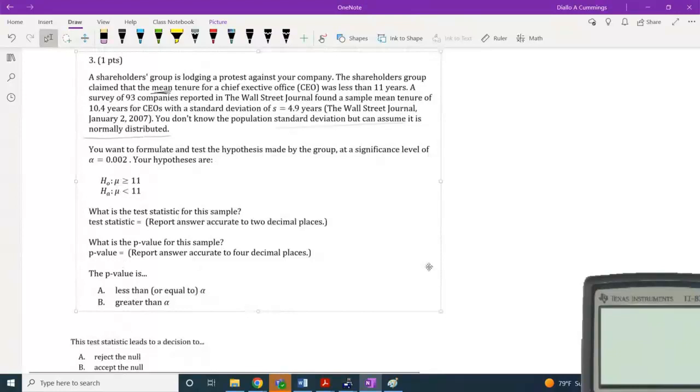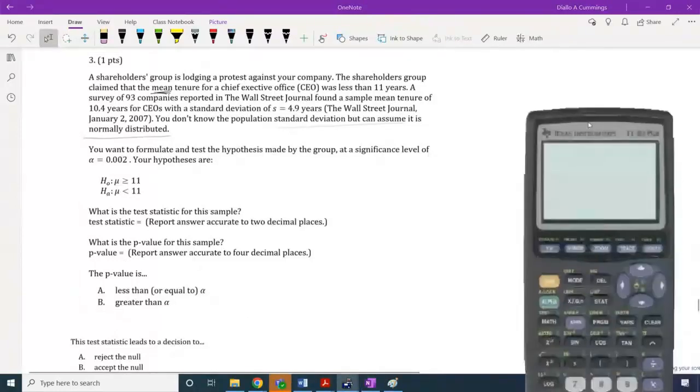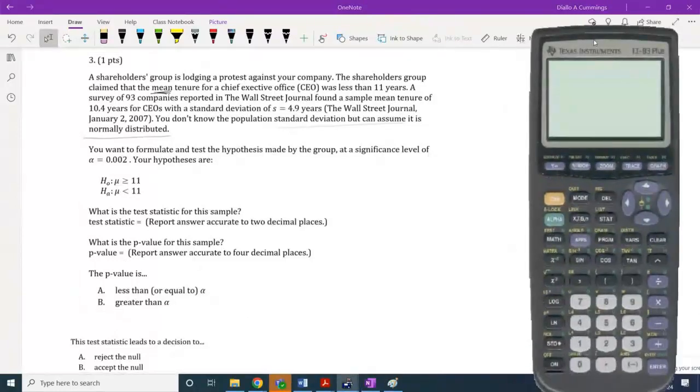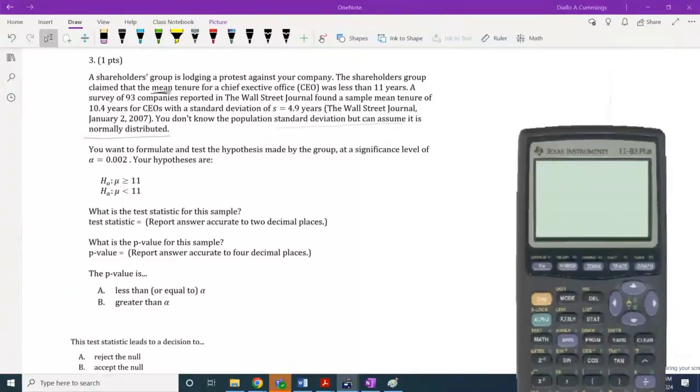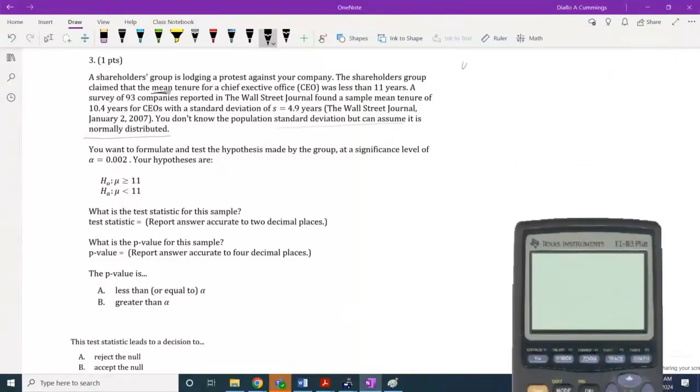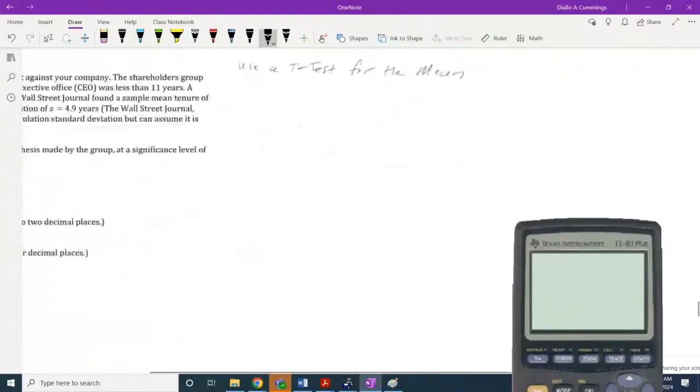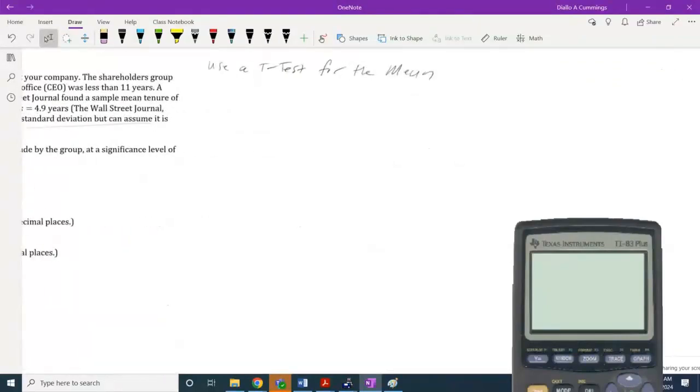So now, based on this setup, we're going to use a t-test for the mean.